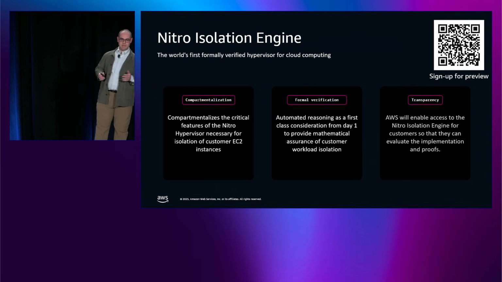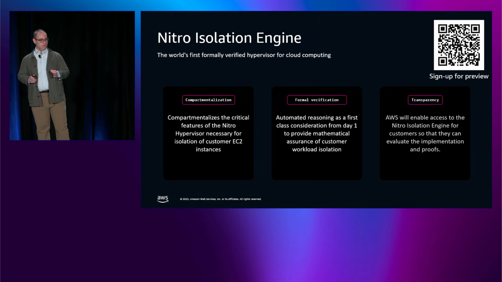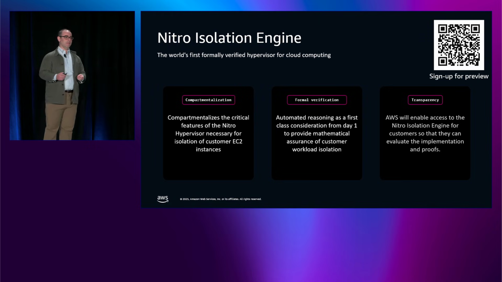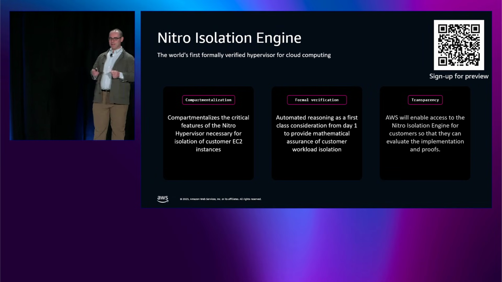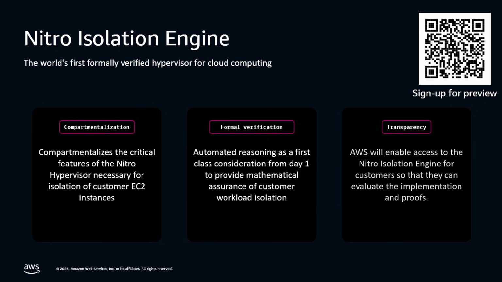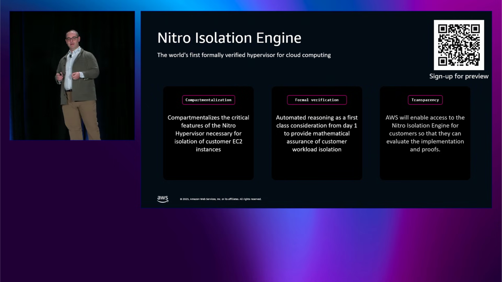So the three key things about the Nitro Isolation Engine to understand are that it provides compartmentalization, meaning that by looking at the code base of the Nitro Isolation Engine, one can reason about and understand the confidentiality of the overall entire system. Second is that it's been formally verified. This means that we brought automated reasoning and engineering together on day one to make automated reasoning a first-class consideration throughout the entire design and implementation process of the Nitro Isolation Engine, providing us strong mathematical assurance of customer workload isolation.